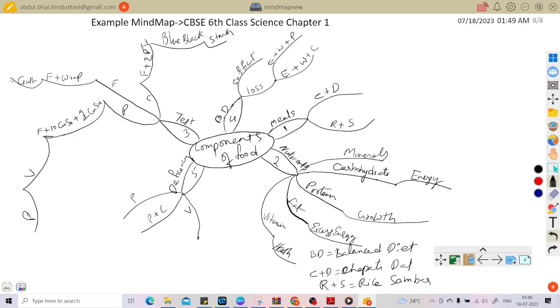Then what do you see? An oily patch. If you see the oily patch, it has fat. If it doesn't have an oily patch, then that particular food doesn't have fat in it. Okay, so that is about the test.